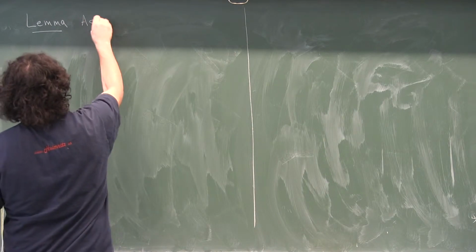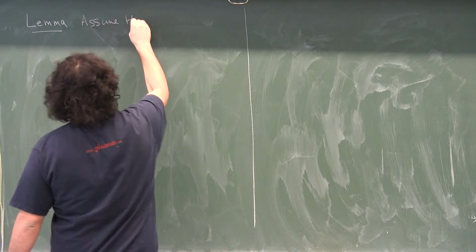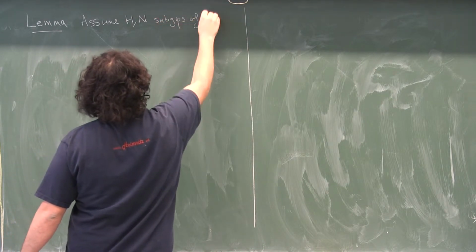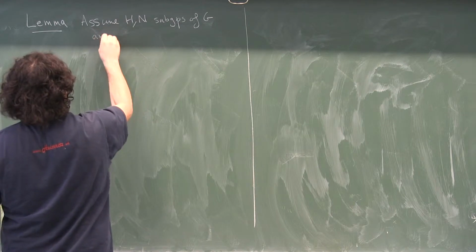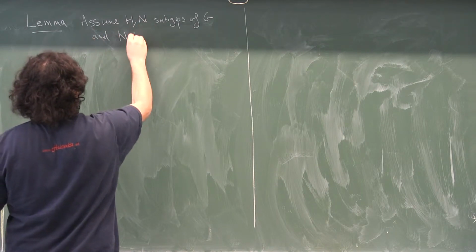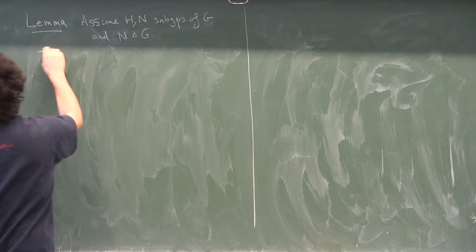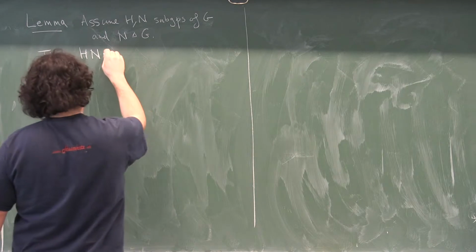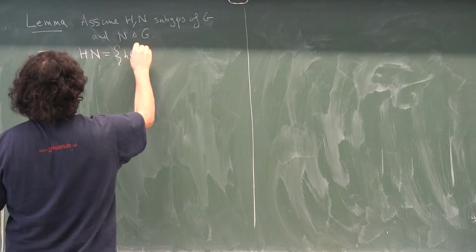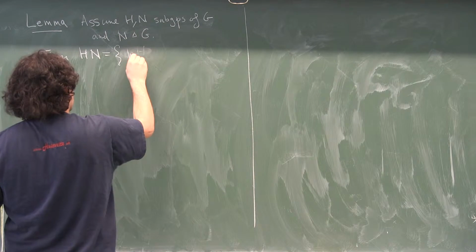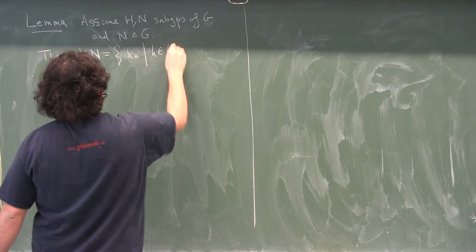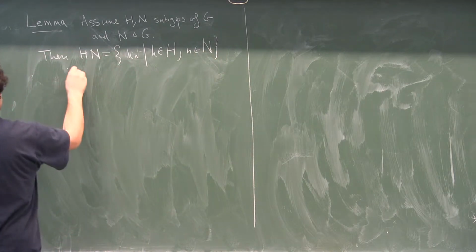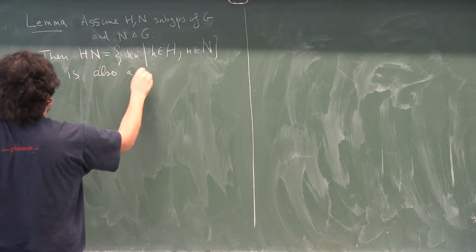So assume H and N are subgroups of G, and we assume that one of them, N, is normal in G. Then the product HN, which by definition is the set of products little h little n such that little h is in big H and little n is in big N, is also a subgroup.